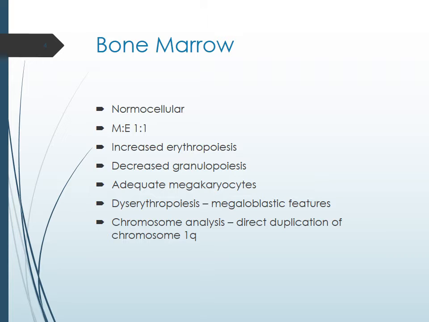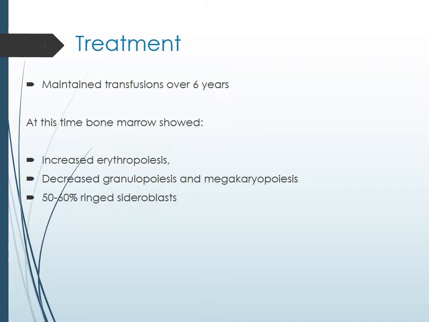The patient was maintained with transfusions over the next 6 years. The bone marrows revealed increased erythropoiesis, decreased granulopoiesis and megakaryopoiesis with dysplastic changes. There were 50 to 60% ringed sideroblasts.